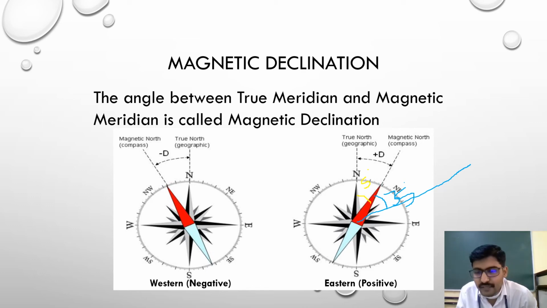Magnetic bearing is the angle between magnetic north and the line, which is given as 35 degrees. And true bearing means the angle between true north and the line.